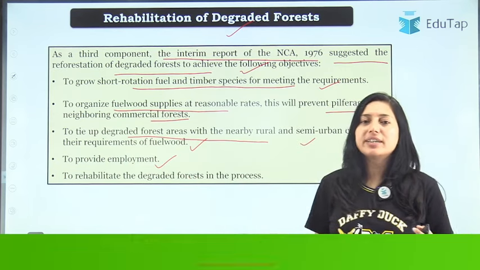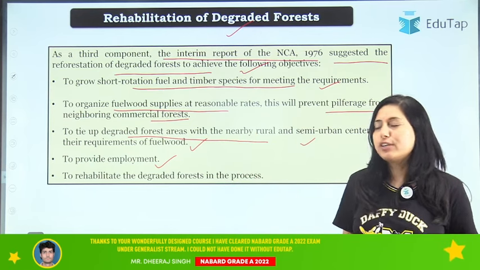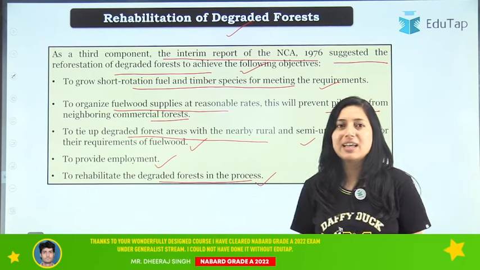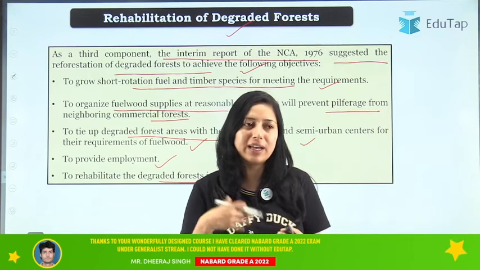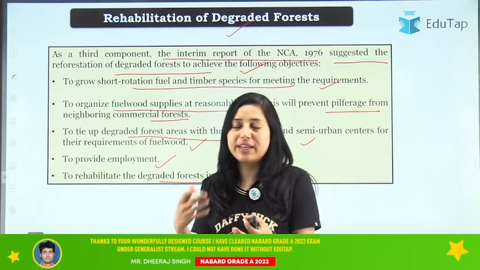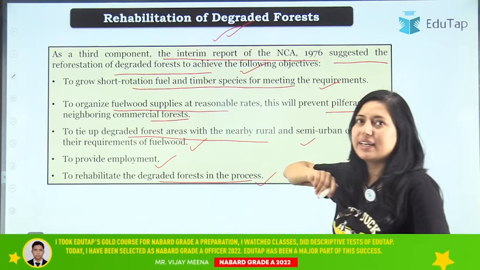Another important thing is to provide employment; through this, employment can be provided to many people. Then rehabilitation of degraded forest is the purpose. We have a degraded land and we have to rehabilitate it. We have to grow crops there, use its worth, increase its worth. That is why we go for rehabilitation of degraded forest.